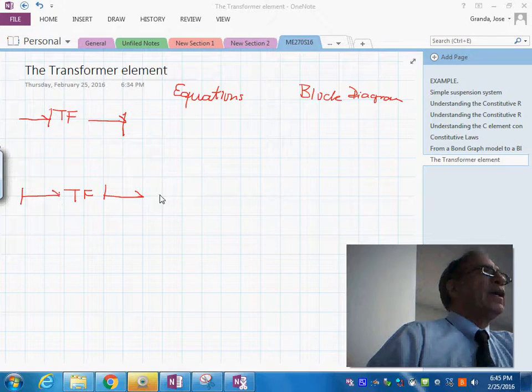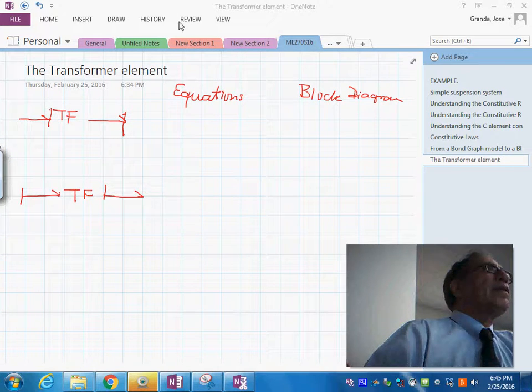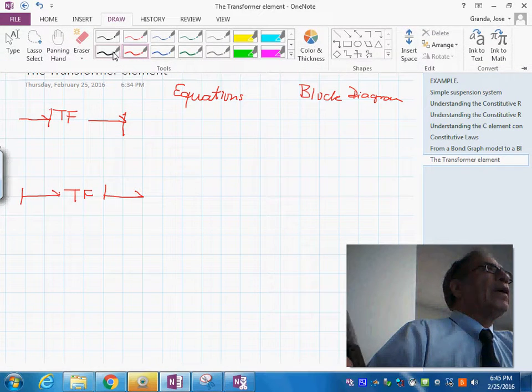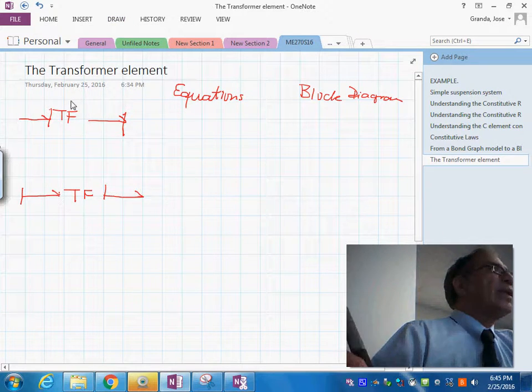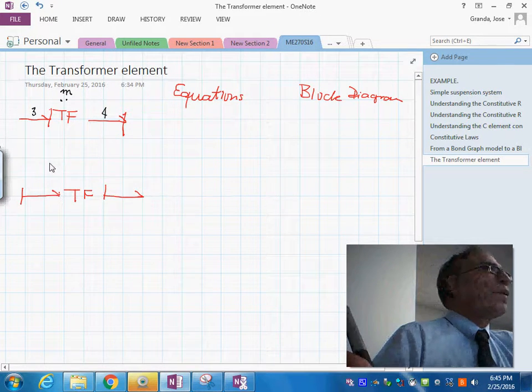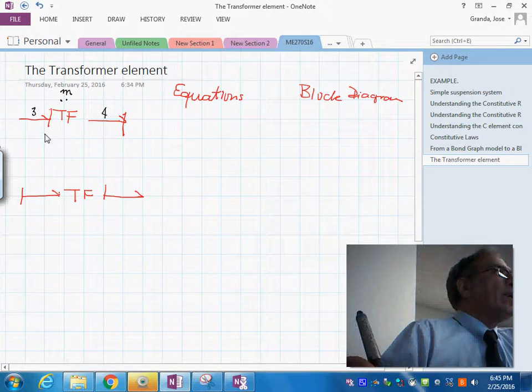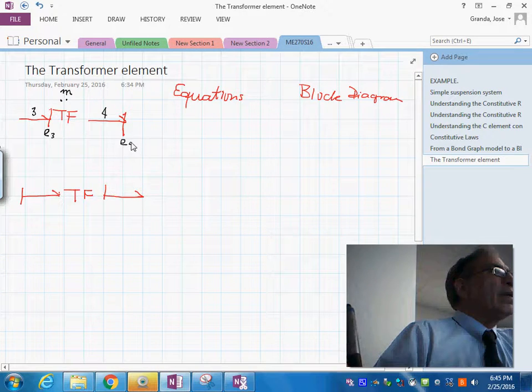Like for example, in this case, if you go in here and we say, okay, what's the equation of this? You see, this is the modulus M of the transformer. Let's call it numbers 3 and 4. Okay, so in this case, I would like to put this in here just to illustrate for you where things are.